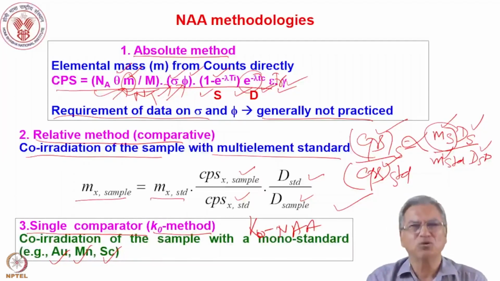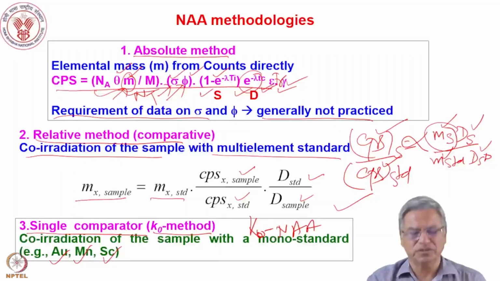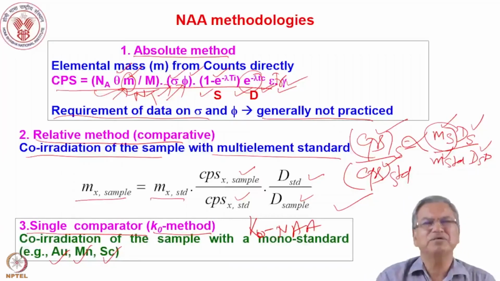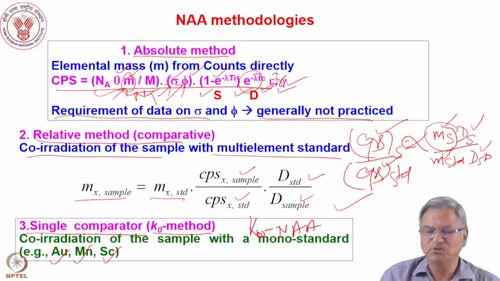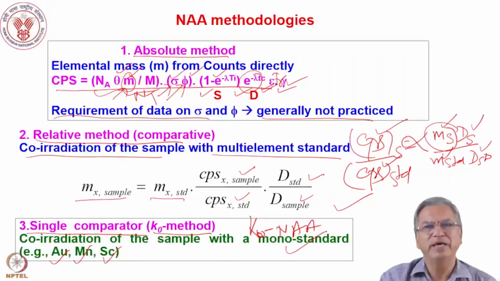And there are methodologies by which you can find out the concentration of the element with respect to gold. Gold is already known, so you can determine the concentration. So this single comparator becomes very popular for unknown samples where you do not know what are the elements present in that particular sample. I am not going to give details of this K0 NAA.